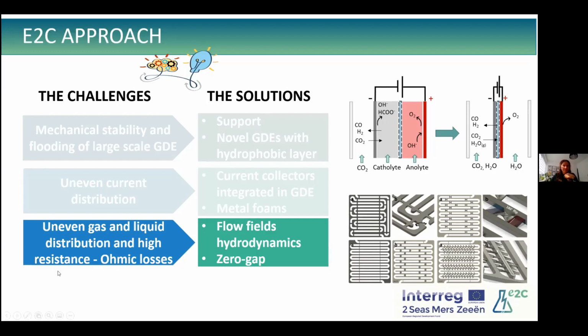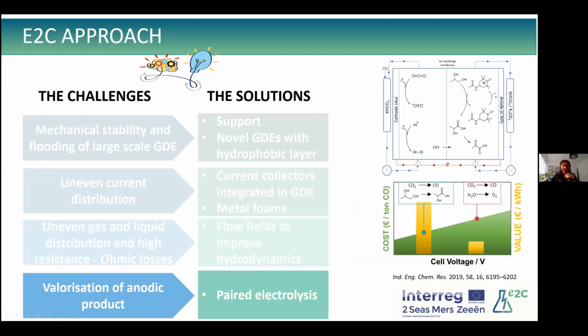And yes, lastly, when thinking about scaling up an electrochemical reaction, as I already mentioned, it's important to take into account the counter reaction as well. So in order to achieve a better business case, we have to think about valorizing the product formed also on the anode.